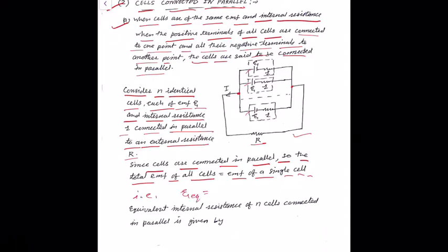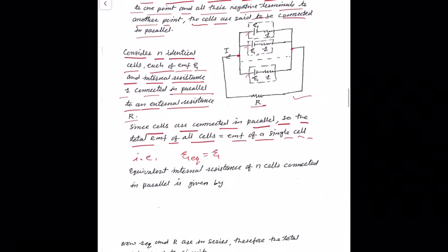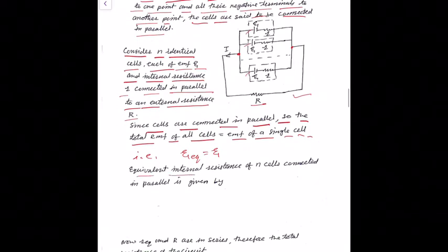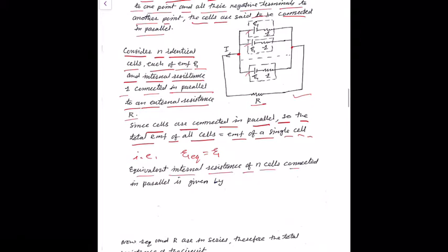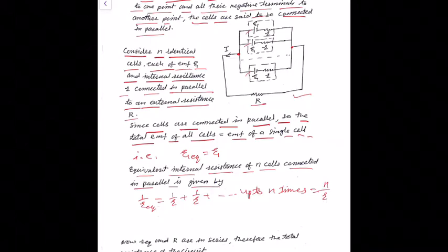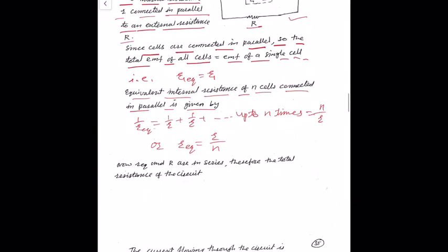That is, E equivalent is equal to E. Equivalent internal resistance of n cells connected in parallel is given by 1 upon r equivalent is equal to 1 upon r plus 1 upon r, up to n times, is equal to n upon r, or r equivalent is equal to r upon n.